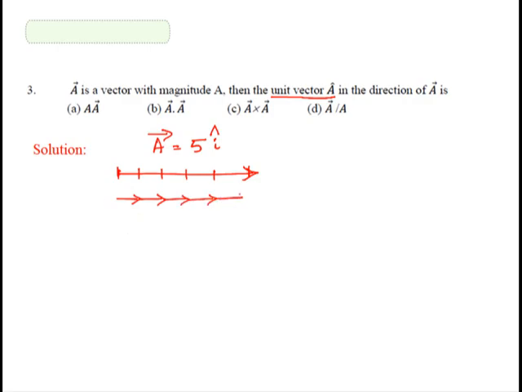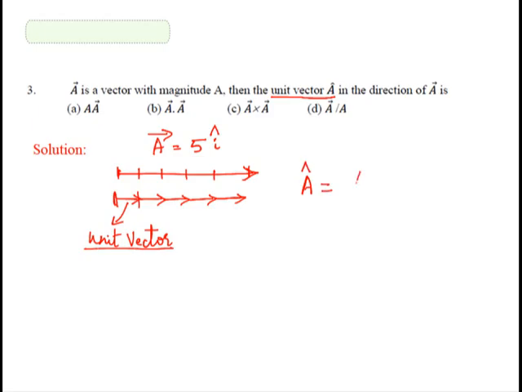Each unit over here, each vector over here, is called a unit vector. So in layman's language, the meaning of unit vector is just a small unit of a complete vector. Now, how do I define that? Since this is vector A, the unit vector of A, I am going to represent it as A cap.